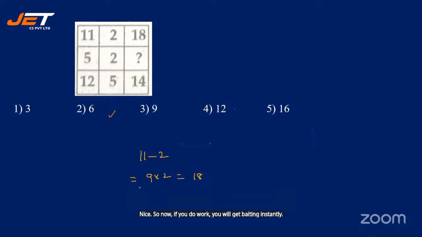Into 2. Let us check for the third one. 12 minus 5, 7. Right? So 7 into what you do, you get 14? You should multiply by 2.